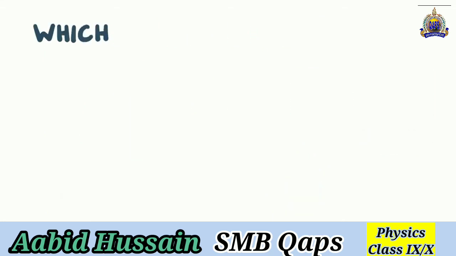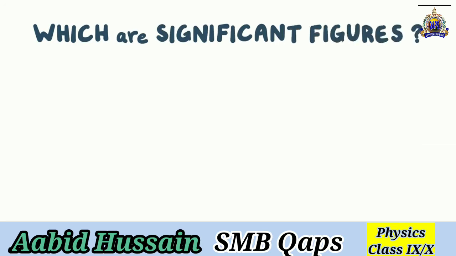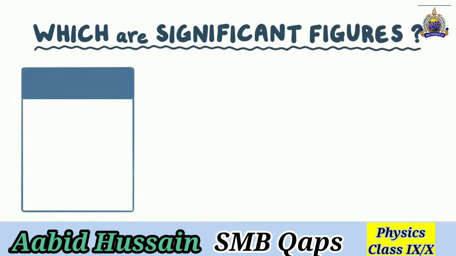Okay, so now which are the significant figures? Actually significant figures are defined by their rules, and the rules tell us which are significant and which are not significant figures.